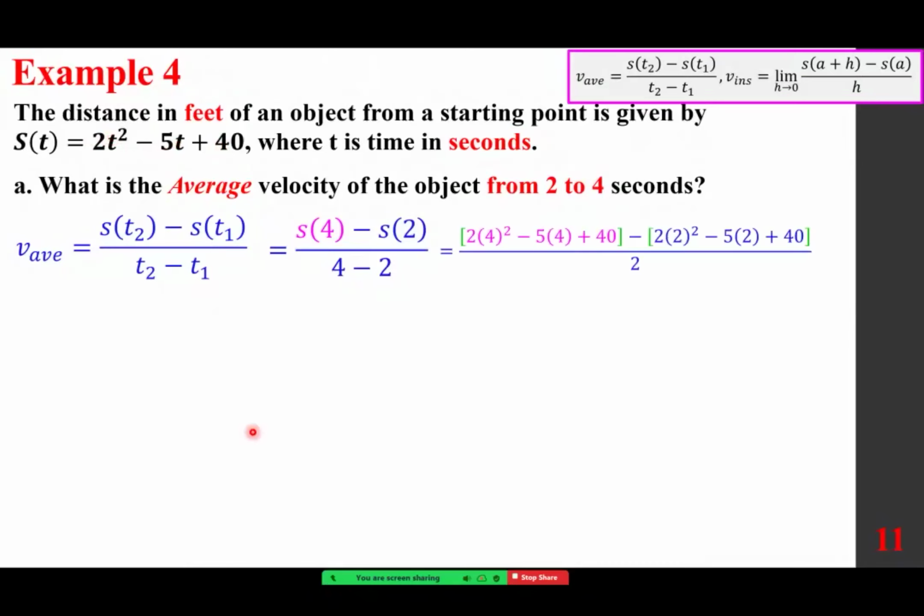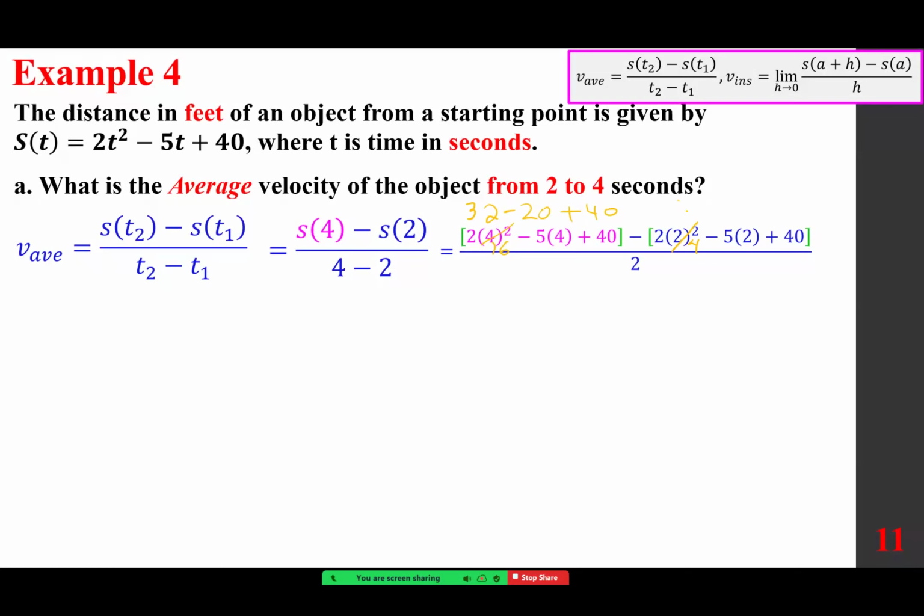Now, let's quickly simplify the numerator. This is 16, so this gives us 32 minus 20 plus 40, which ends up being 52.